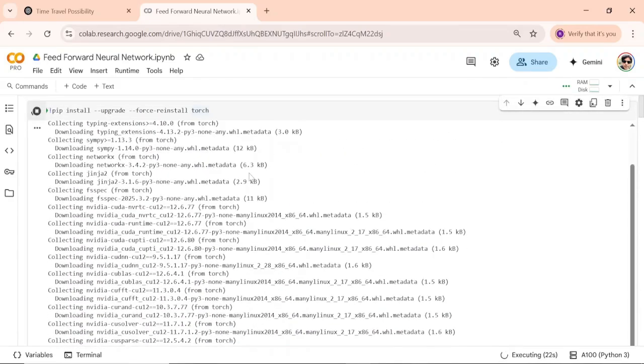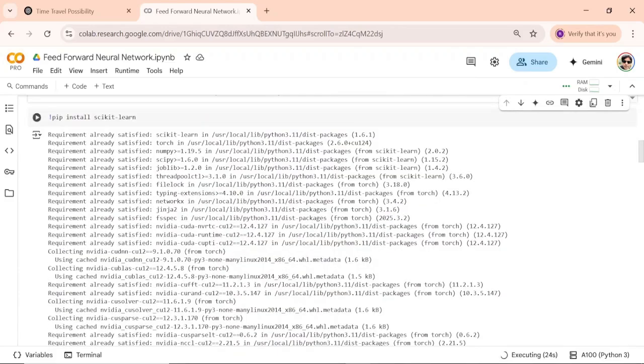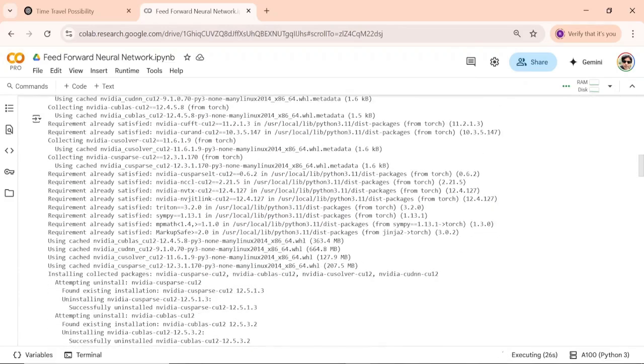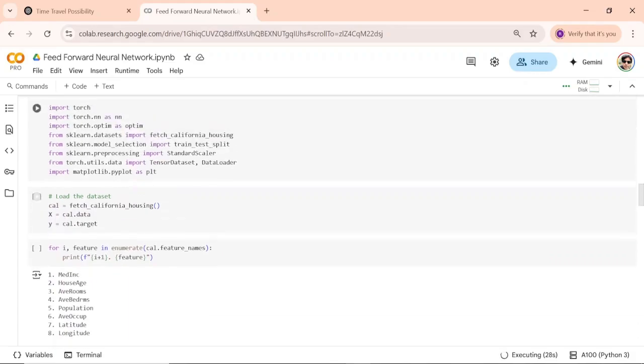Meantime, while it is happening, I'll show you the later steps, what I have used. I have simply imported the required PyTorch packages here, as well as the dataset I'm going to use, which is California housing.